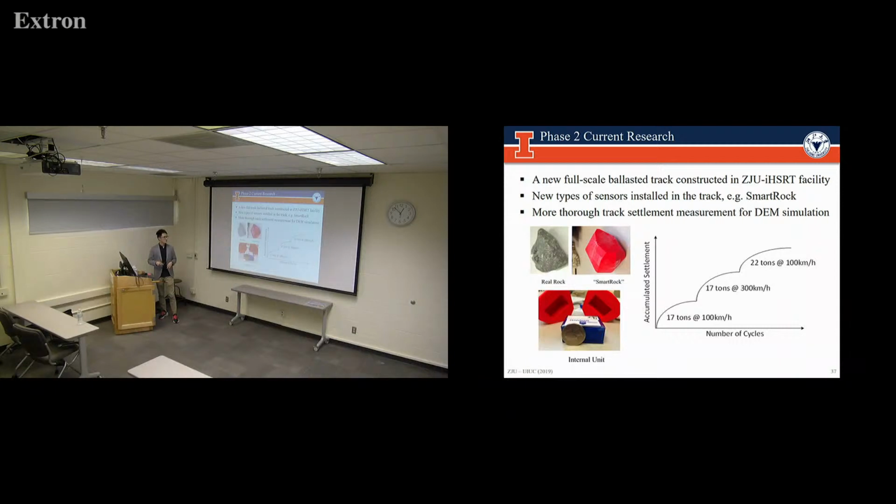Some sensors are mounted inside this 3D printed shell, and then the smart rock is put into the ballast layer, so it can measure individual particle responses in the ballast layer as the experiment continues. We will also have more thorough track settlement measurements for DEM simulation, for us to do the comparison and analysis.